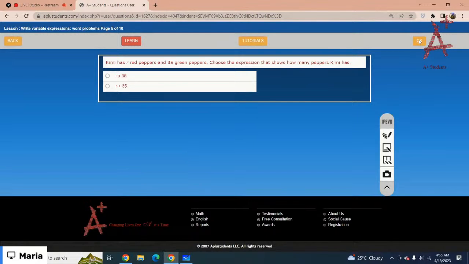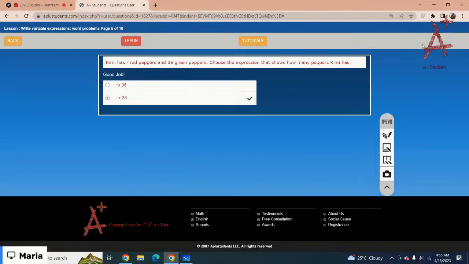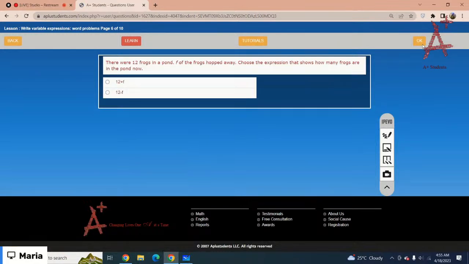It would be R plus 35, not multiply. She has R red peppers and 35 green. You have to calculate the total peppers. So for the total, you just have to add. It would be R plus 35, not multiply. Do not confuse. They are very simple.